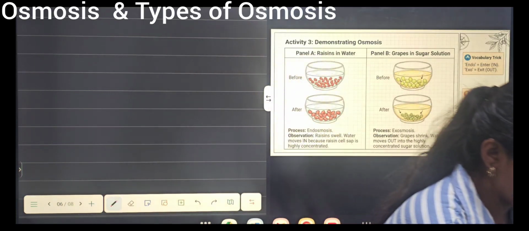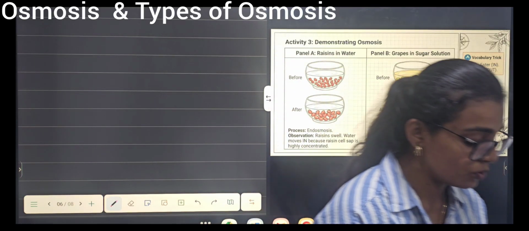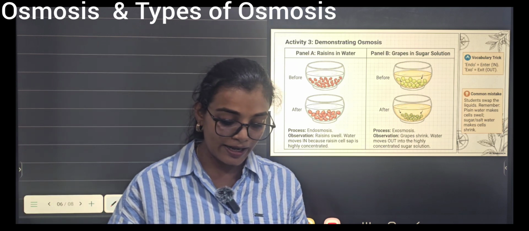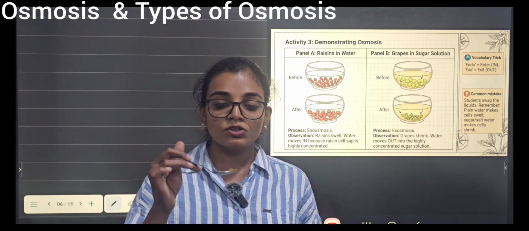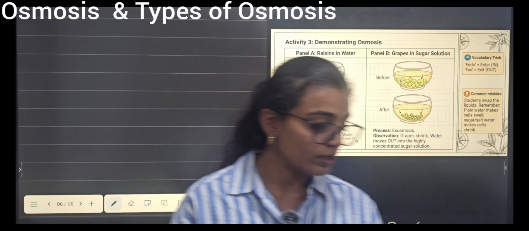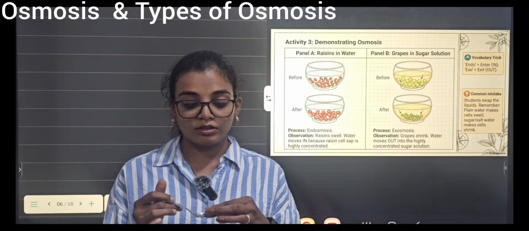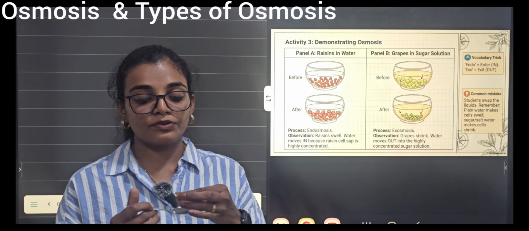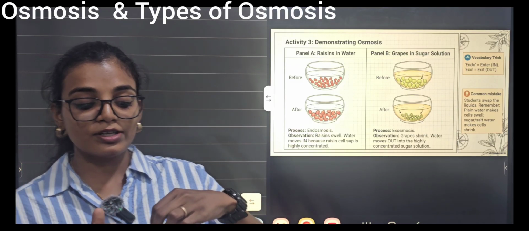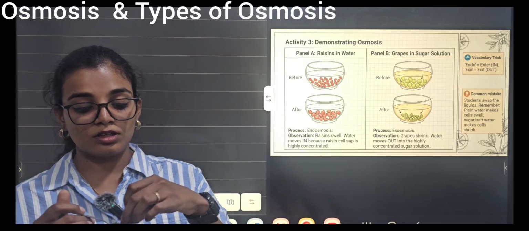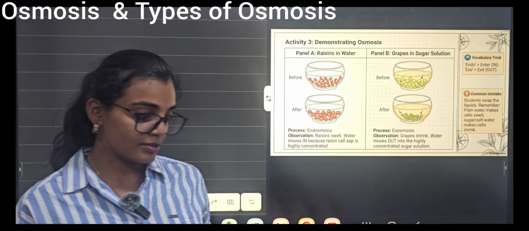I think you know what raisins are. Raisins are the dried form of grapes. They are shrunken structures, and there are lots of wrinkles present on these raisins.